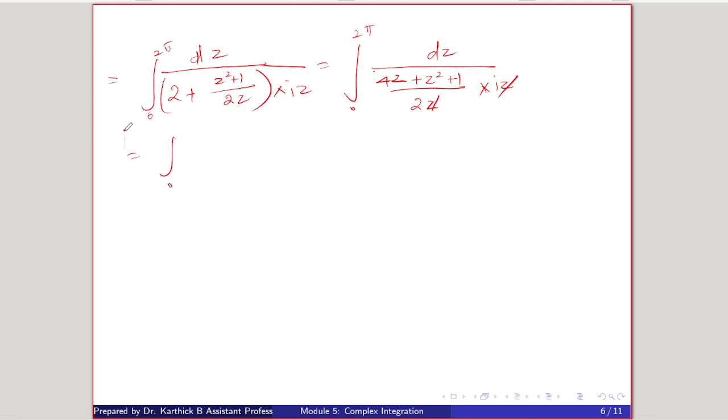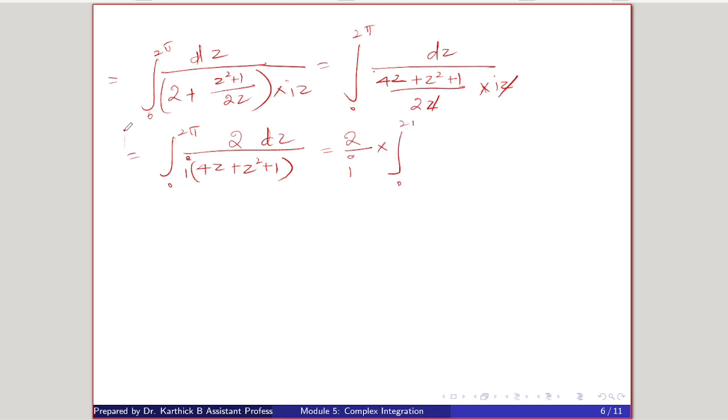On the next step, I may bring the 2 to the numerator, and here it will be 4z plus z square plus 1, and there will be the term i. So I may bring out the constants, 2 by i will be a constant.